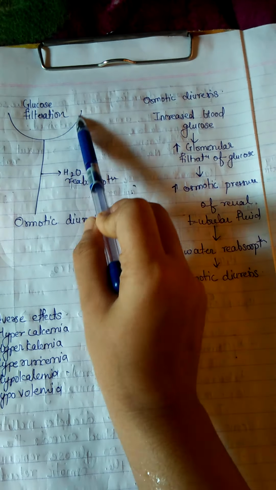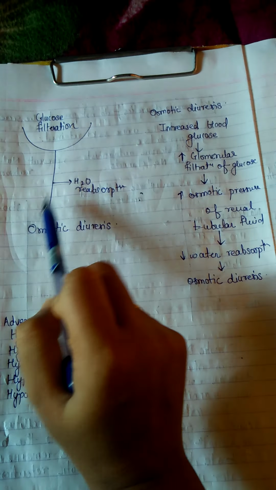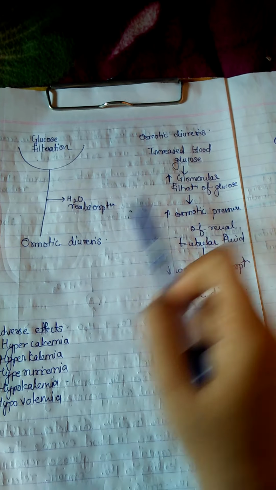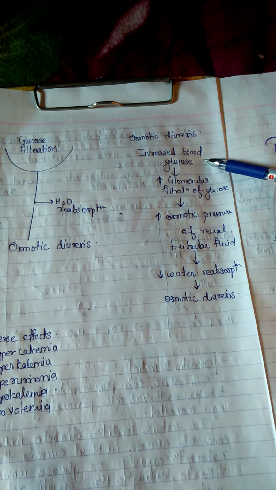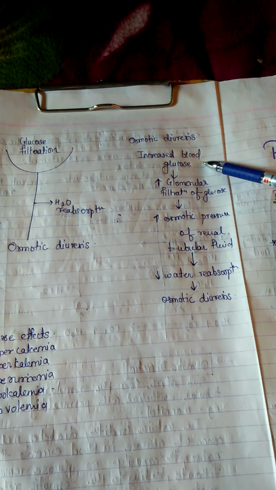Here filtration occurs, glucose remains in the filtrate, then over here water is reabsorbed, osmotic diuresis takes place. There is an increase in blood glucose level. We are taking the example of diabetes mellitus condition.